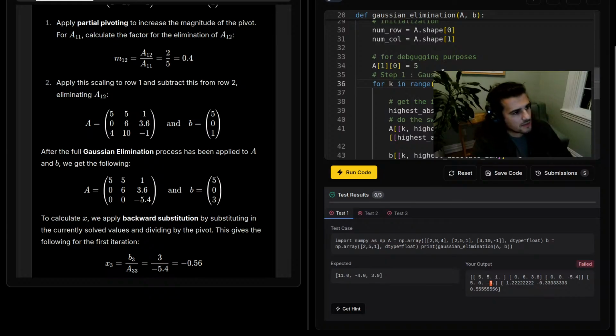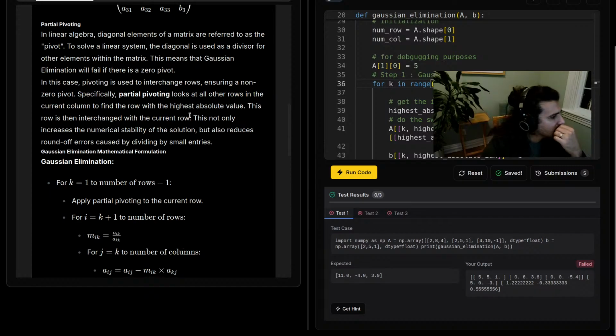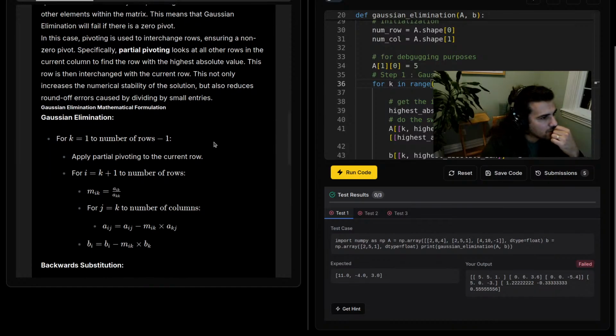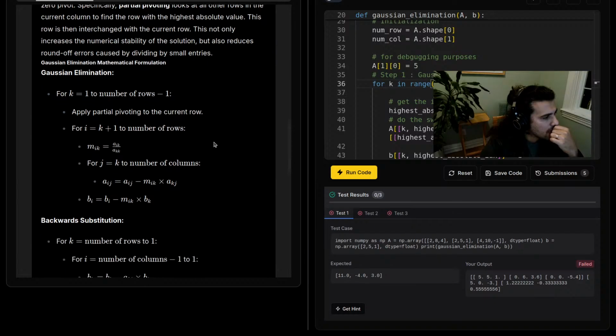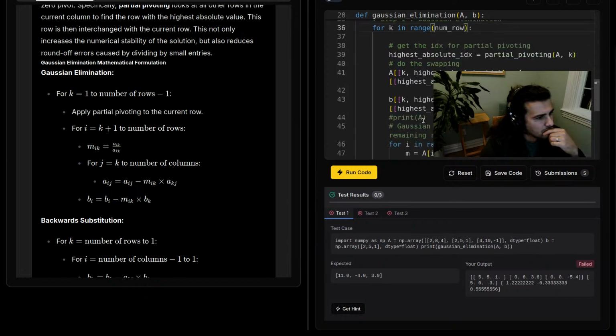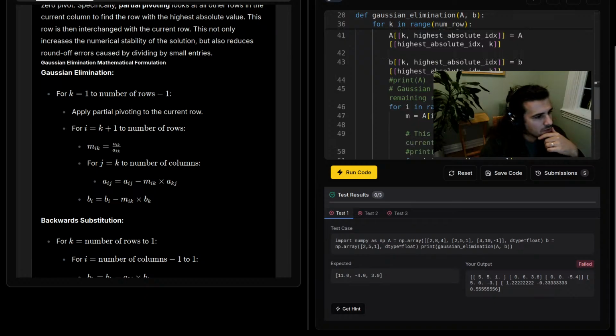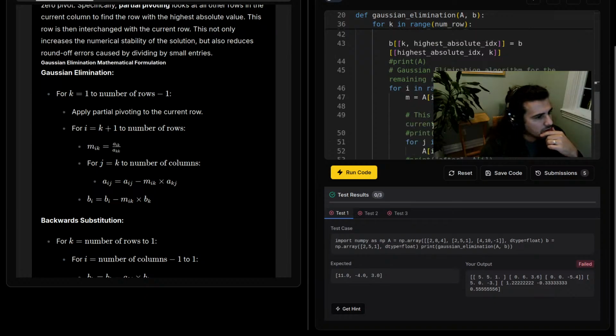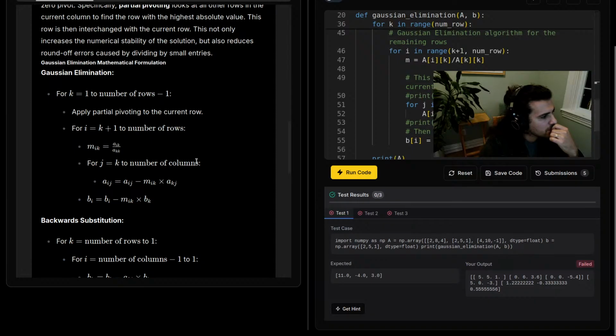That's not the issue. The formulation is not the same, but it should be correct. Yeah, it should be correct. Then we go for k plus 1, number of rows. Everything is fine but that.